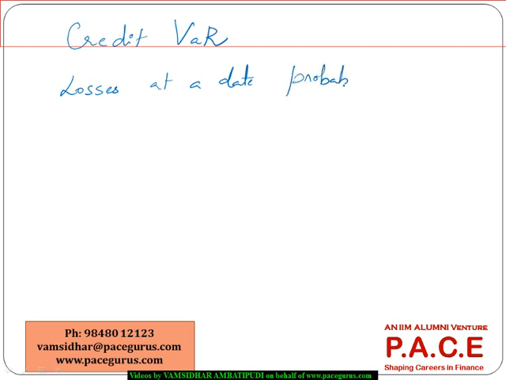What is the chance that the loss will be more than 10 million in a single day? So whether it is VaR or the structural Merton-based model, they are all targeting the probability of loss and the loss given default, finally resulting in the expected loss itself.